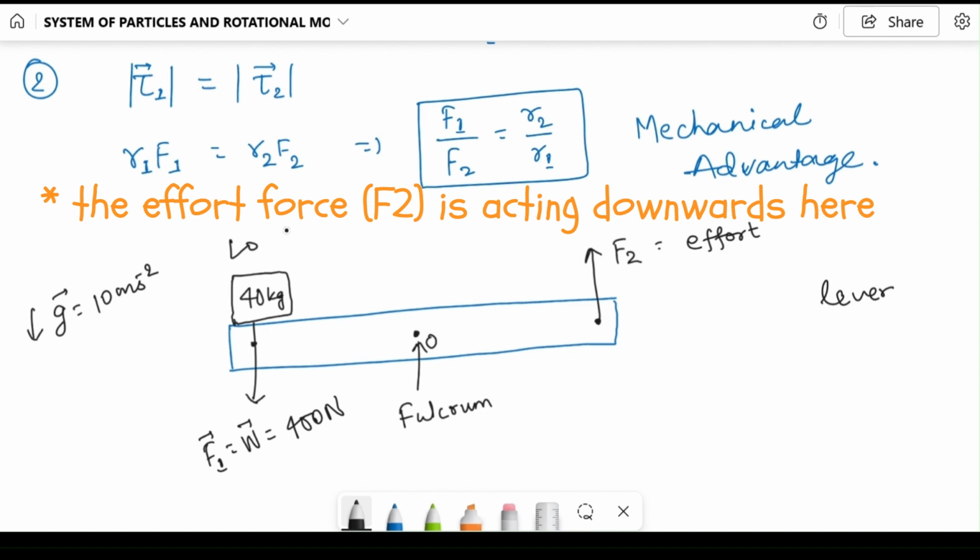That is not a practical one, but the mass of this lever is much less than the load and effort. So this is the load, and this is the effort to keep this load balanced.